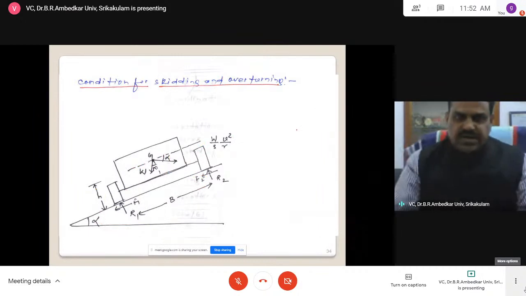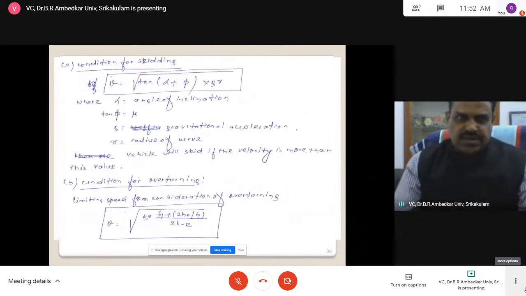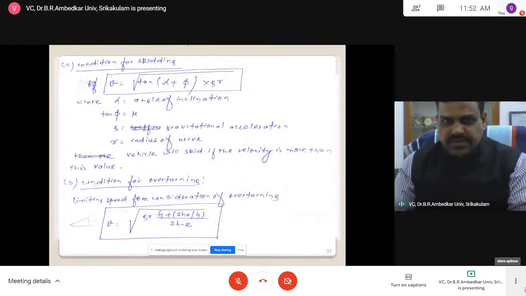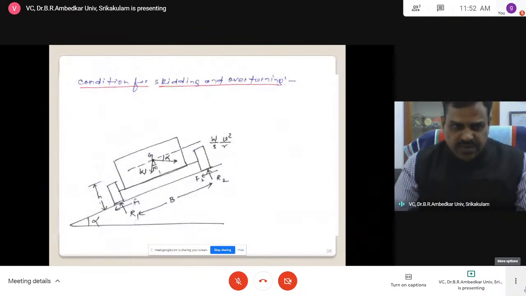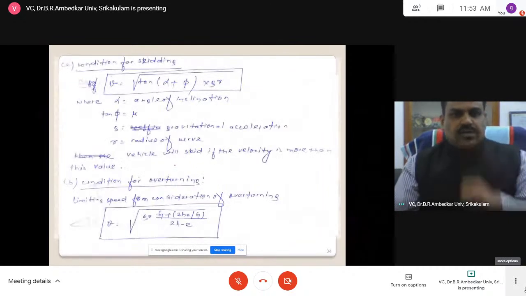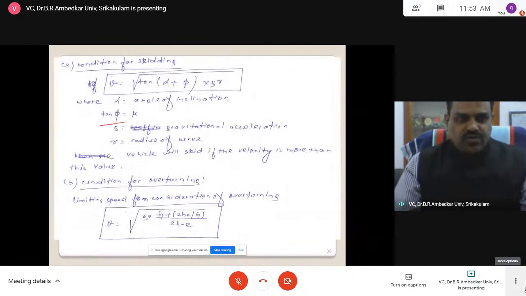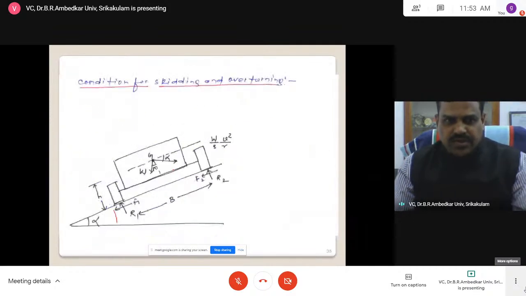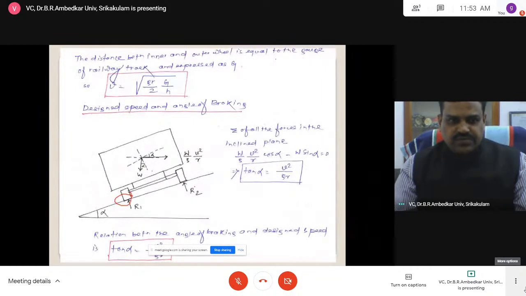Now let us consider the skidding and overturning. The condition of skidding can be obtained from this, mv square by R, tan of the angle, with the same alpha here, and some angle phi, where tan phi is mu, the coefficient of friction, is also coming. Earlier we have not considered this. In the previous problem, if you can see, there was no frictional force.